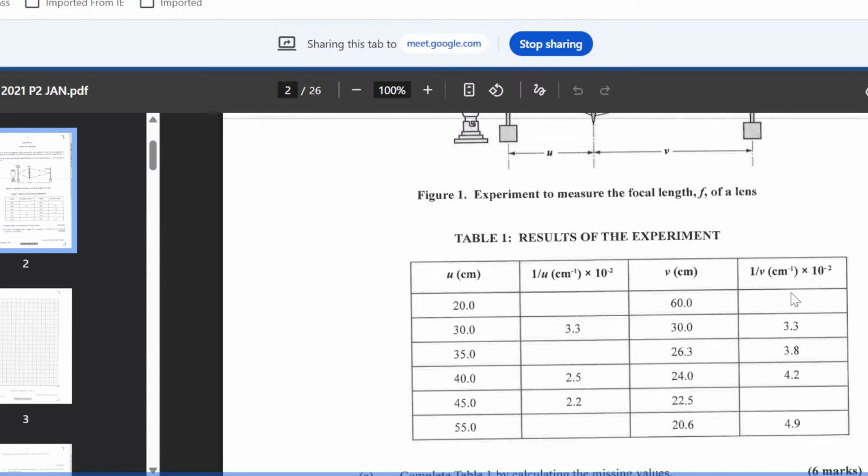Sir, can you repeat that part about the heading, the times 10 to the minus 2, and what to do? Yes. I'm saying that the times 10 to the minus 2 is an indication that you need to move the decimal place 2 times, in this case 2 times to the right. So if you got 0.05, then when you move the decimal place 2 times to the right, you get the value.